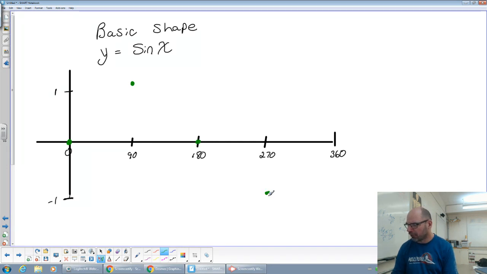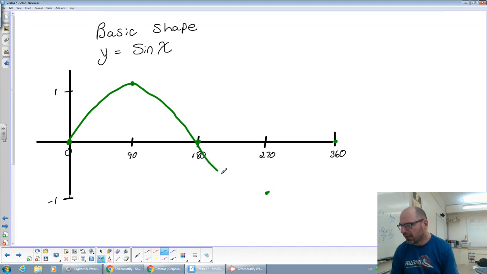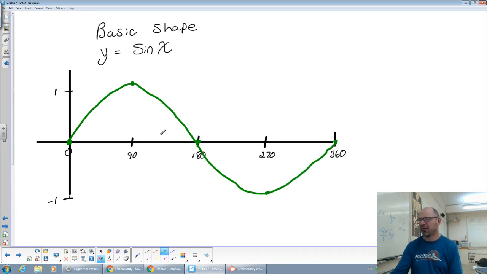You can always look on the circle if you're not sure. So then it gives you that sine graph shape. And you can check in between to see what the value of sine is with your calculator. And it's symmetrical like that. So this is the basic sine graph.